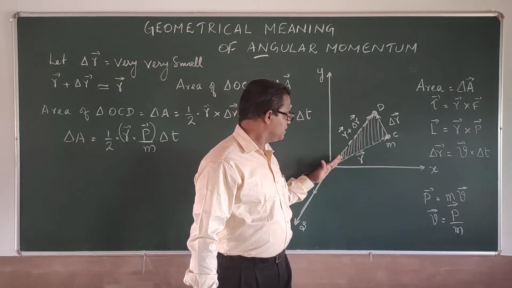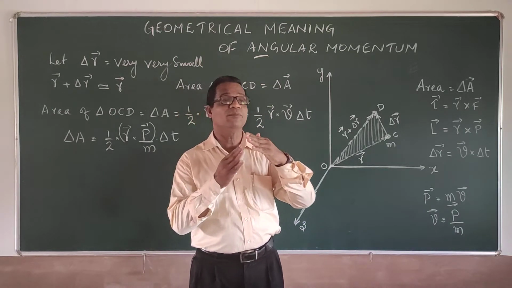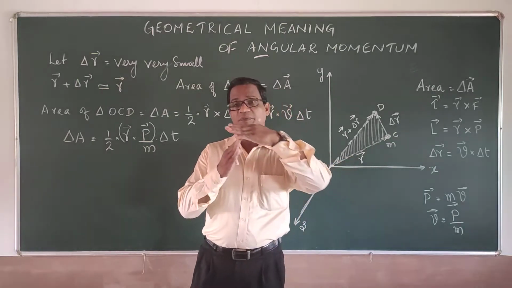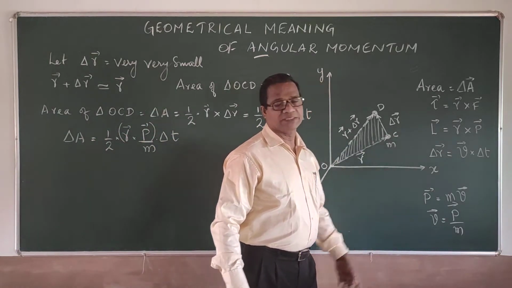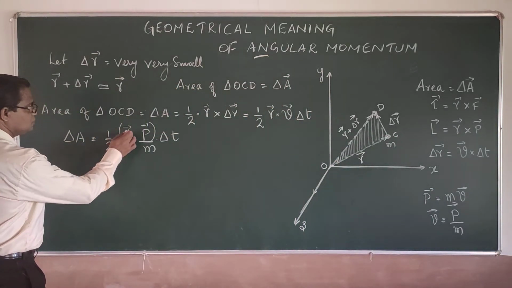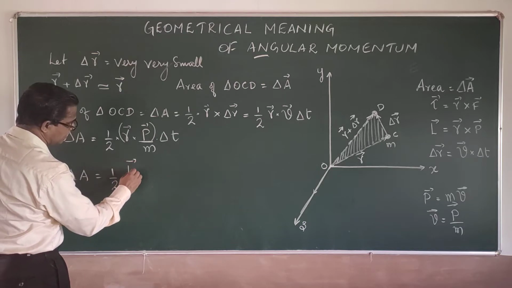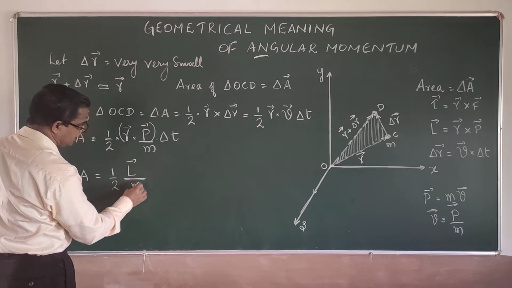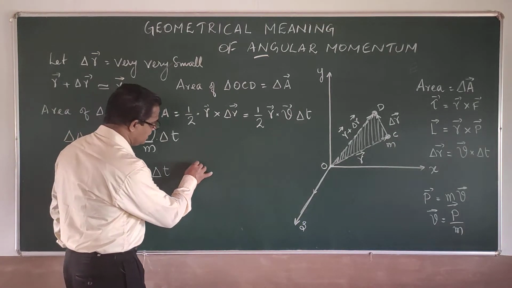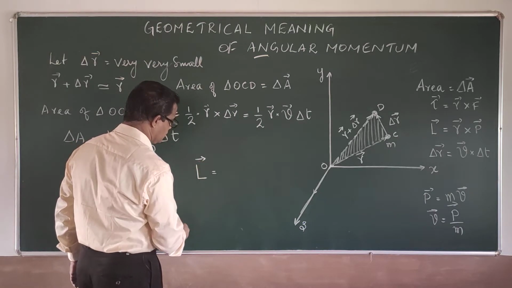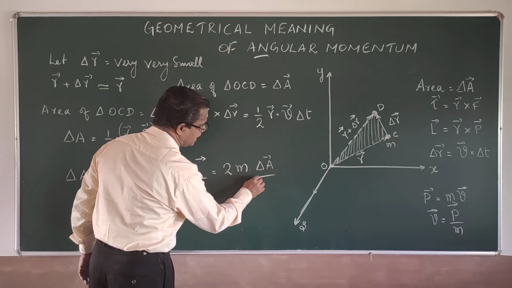Therefore, the linear momentum and the position vector r are perpendicular to each other, so r cross p is maximum. Then delta A equals half into angular momentum L divided by m into delta t, so angular momentum L equals 2 times mass into delta A by delta t.